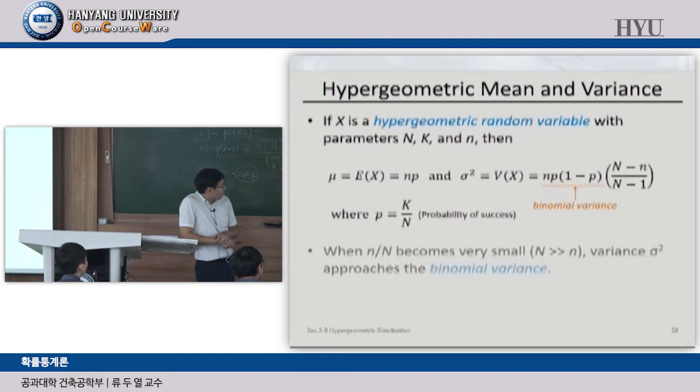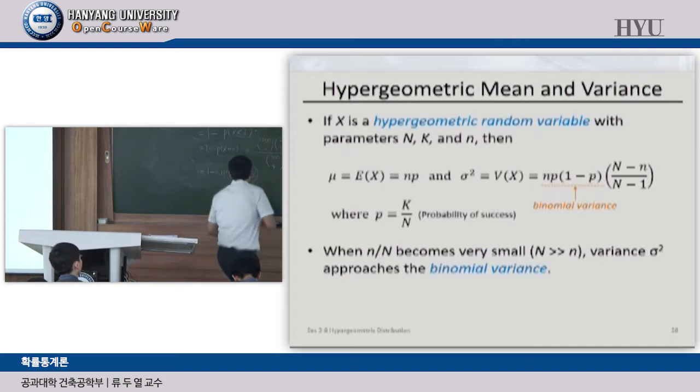Okay? So when n over N becomes very small, which means that large N is much, much larger than small n, the variance sigma square approaches the binomial variance, right? Why?